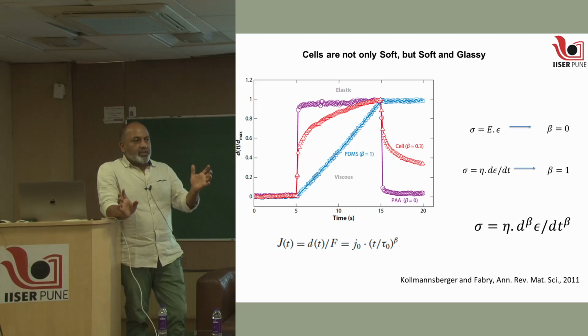For liquids, as I said, stress divided by strain rate. For solids, stress by strain. For standard linear solids, it's a different equation. For glasses, it's a different equation. So everything is a relationship between stress and strain, and that's the constitutive equation of the material. So it's very important to measure stress accurately and independently, and strain also accurately and independently. And then you get the full idea of what the mechanics of the system is.